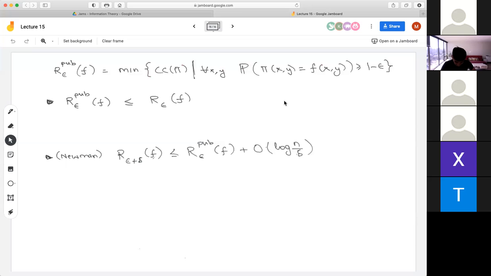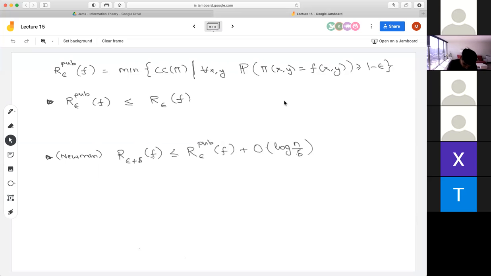Okay, so let me just say the relation between these two settings. So first, you don't need to communicate more using shared randomness: the communication complexity with public randomness is at most the communication complexity with private randomness.